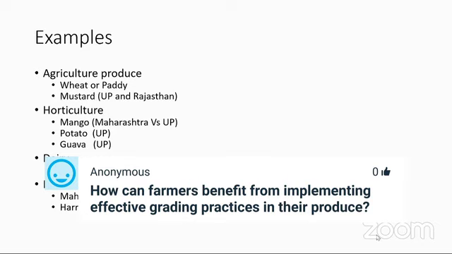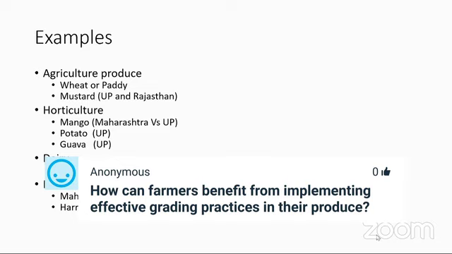Because if I take the example of horticulture produce, the top quality produce is always sold in the market as a table variety. The not so good quality produce is used in processing, but the best quality produce is what we purchase for our direct consumption.